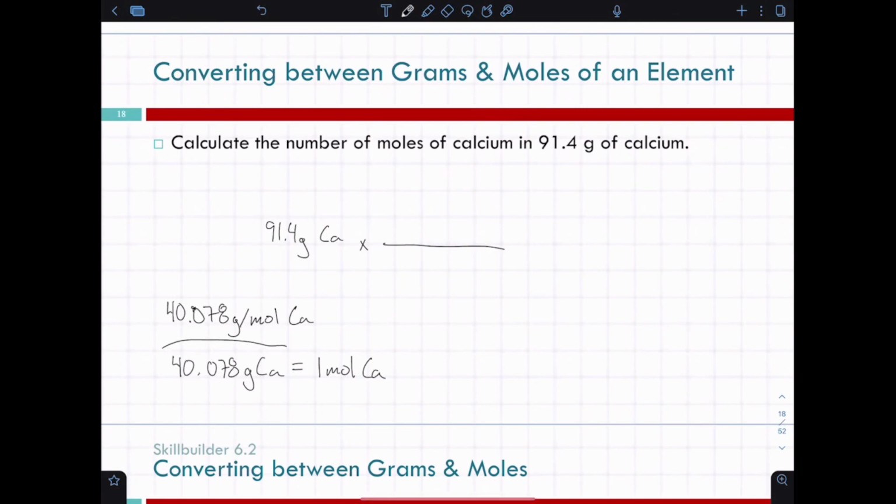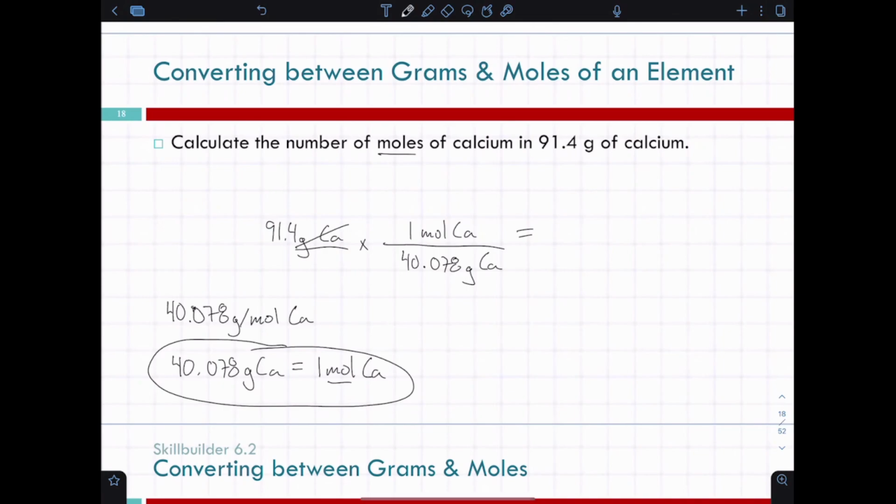So we can take this now as our conversion factor. We have grams of calcium, and we want to cancel out grams of calcium because we want to calculate moles of calcium. So we're going to put moles of calcium on top of this conversion, and on the bottom, we'll put the other half of that equation, 40.078 grams of calcium.